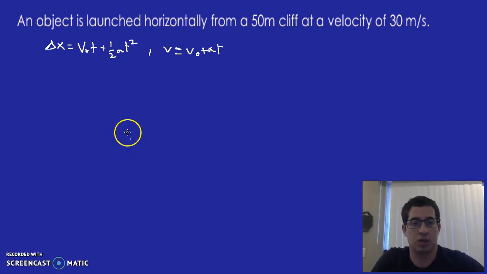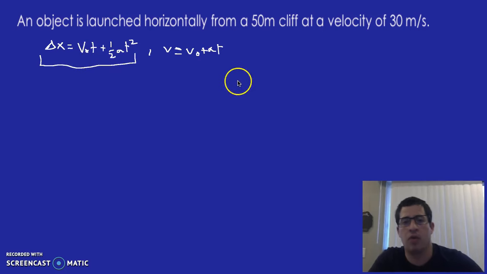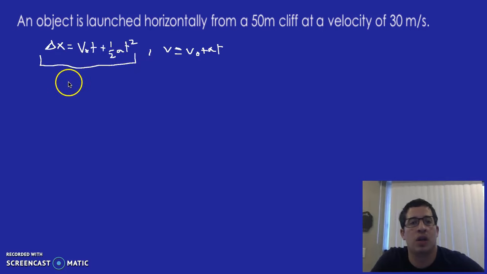I'll do this one for you, and then I'll have you do the next one. If we have a horizontal projectile, looking at horizontal displacement, then what we know is that the initial velocity horizontally is, sorry, not equal to 0.